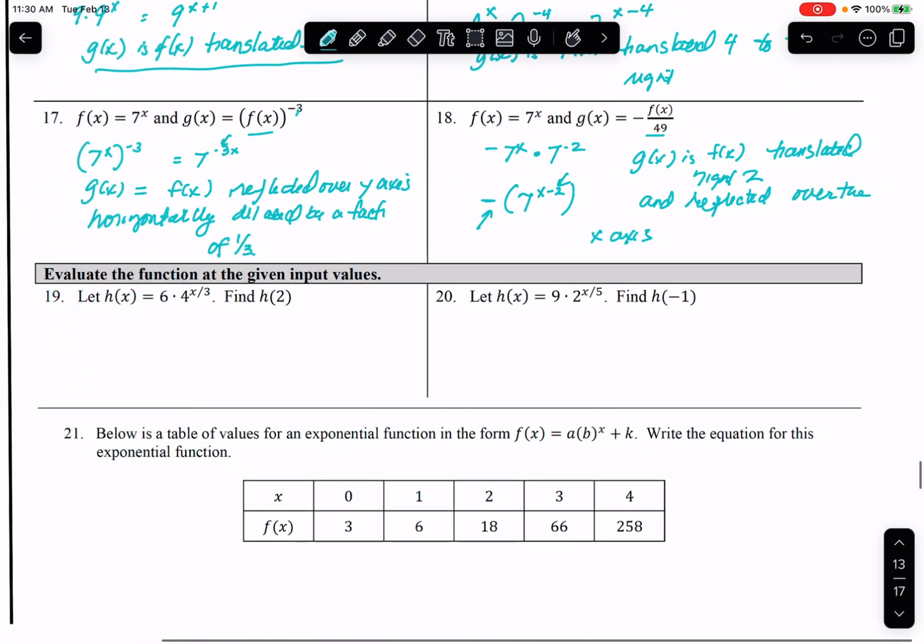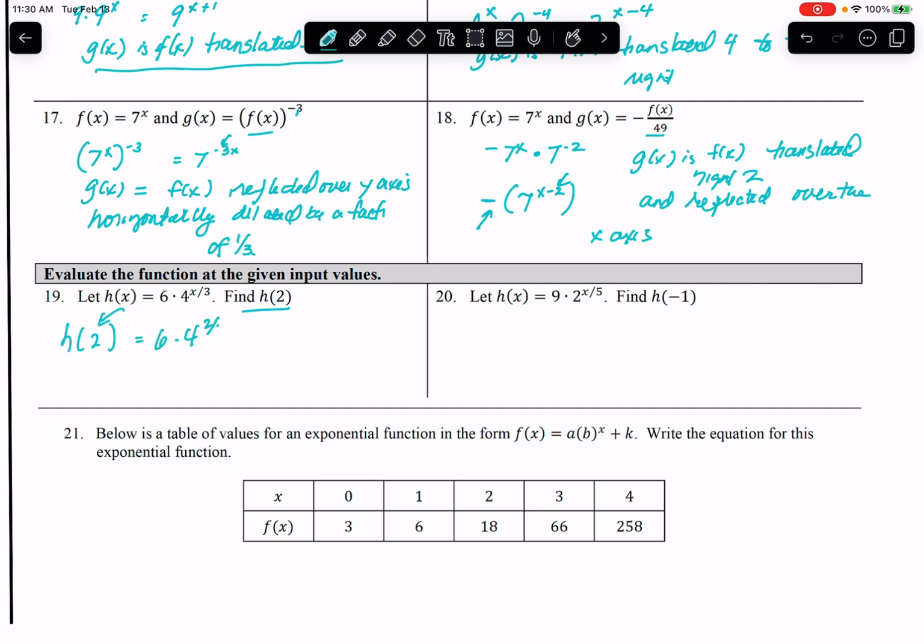Now let's look at what's going on with number 19. They just want us to find these values. So h of 2, we put 2 in for x, equals 6 times 4 to the 2/3. Now 4 to the 2/3 is not going to come out to be a whole number, so this would be 6 times the cube root of 16.